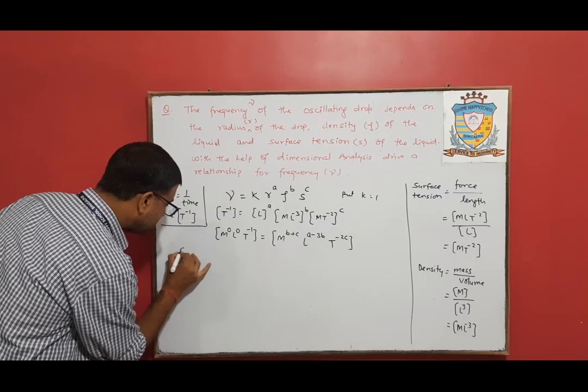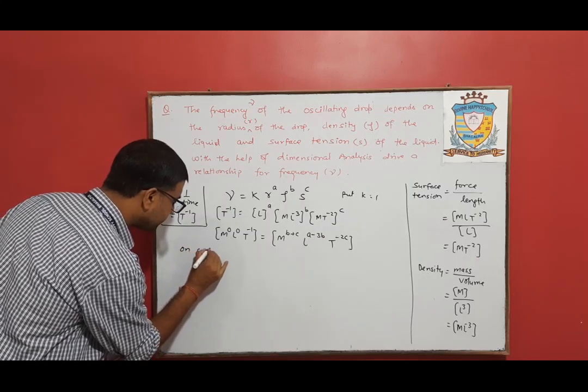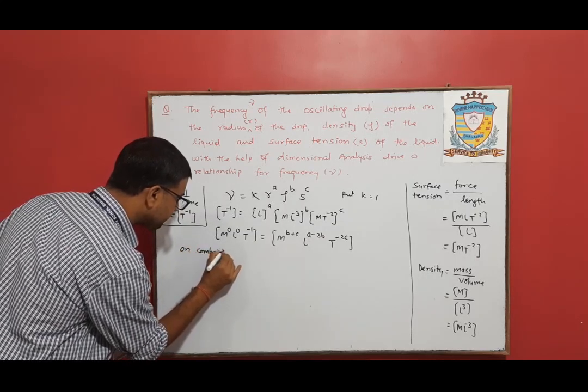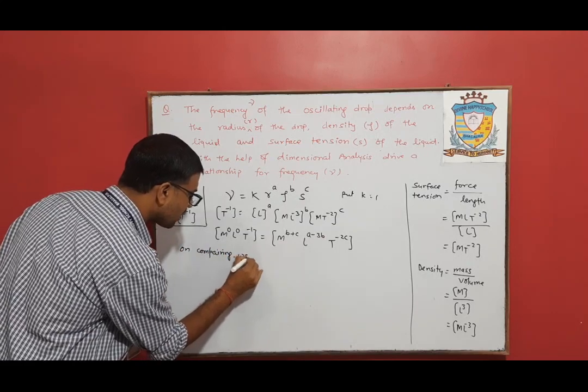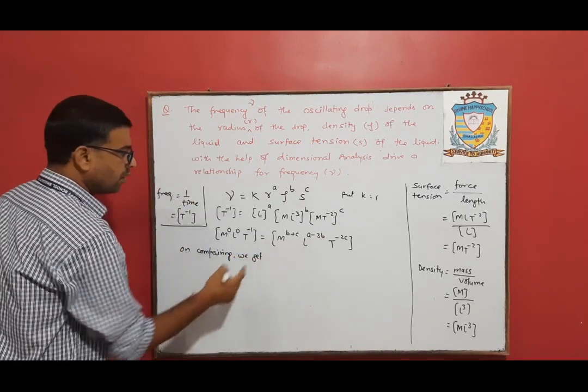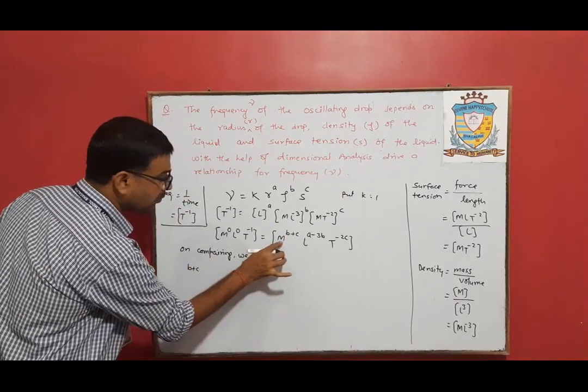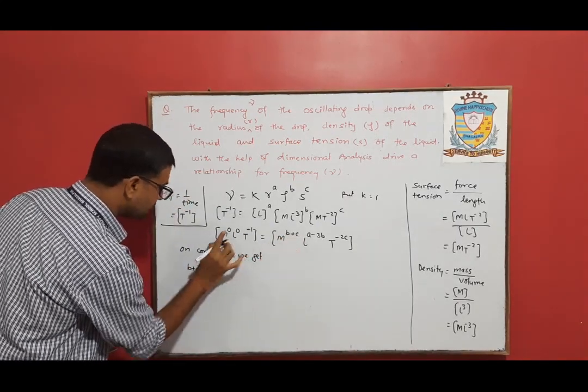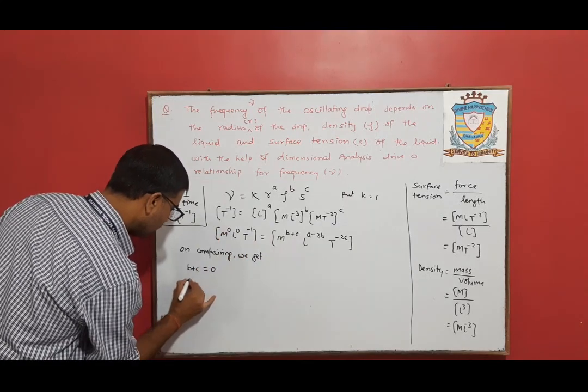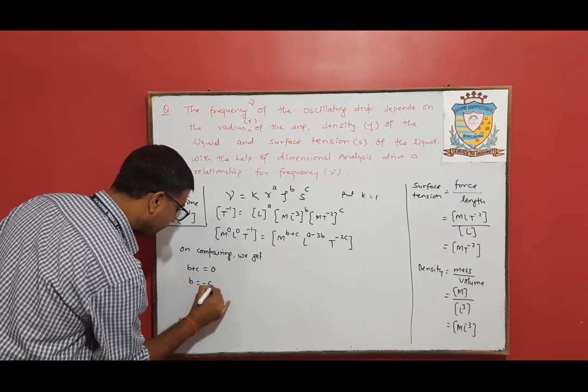On comparing we get M b plus c. So b plus c, here mass has a dimension of b plus c, and this side it is 0. So 0. So b is equal to minus c.